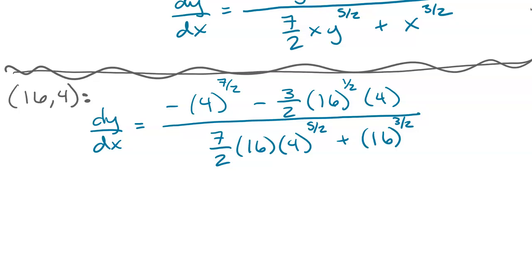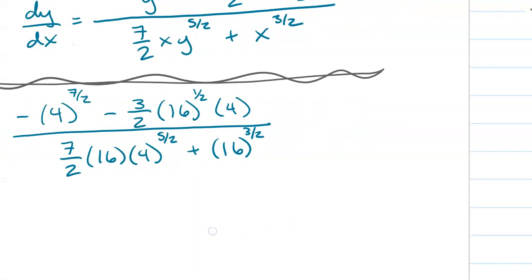But if you remember some key things, 4 to the 7/2 power is the same thing as the square root of 4 to the 7th power. Well, the square root of 4 is 2. 2 to the 7th power is much easier to figure out than the square root of 4 to the 7th. Mathematically, they're the same thing, but I can figure out the first one in my head way faster than the second one. Use it to your advantage.